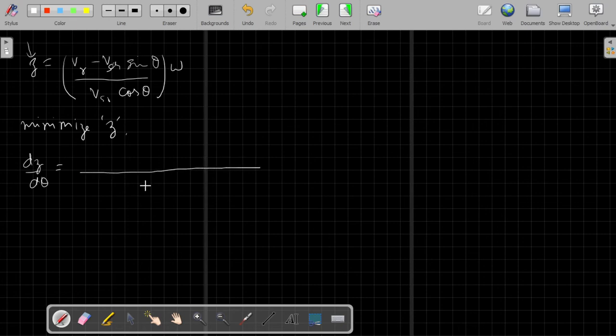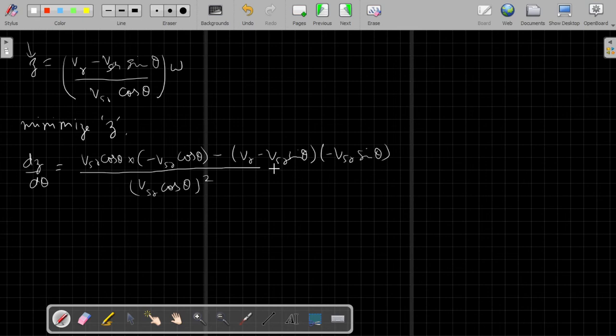In quotient rule you will be squaring the denominator, that is VSR cos theta, so this would be squared, and the numerator would come out to be VSR cos theta as it is, into differentiation of this, which would be VSR cos theta minus VR minus VSR sin theta. So VR minus VSR sin theta, differentiation would give you minus VSR sin theta.